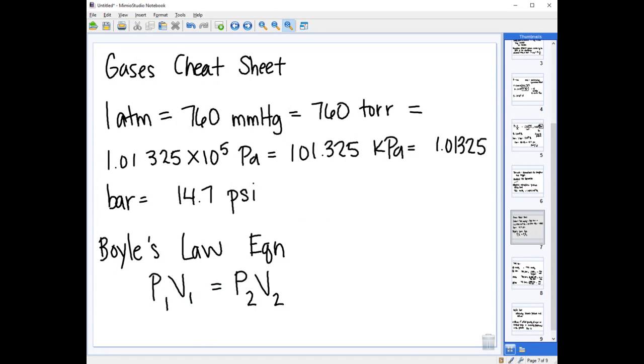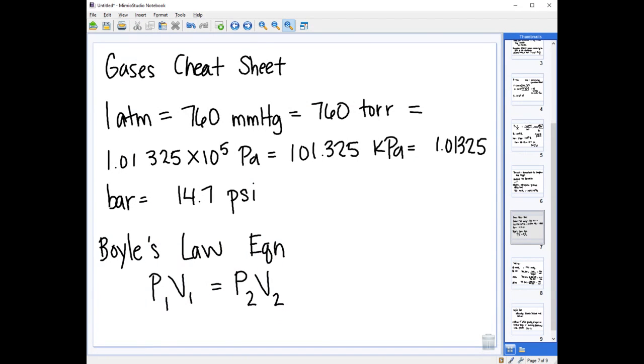Okay, so what's going to happen in these types of equations is you're going to be given 3 of the 4 values. Okay, so you may be given P1, V1, and P2 and asked to find V2. Okay, or you may be given P1, P2, V2 and asked to find V1.